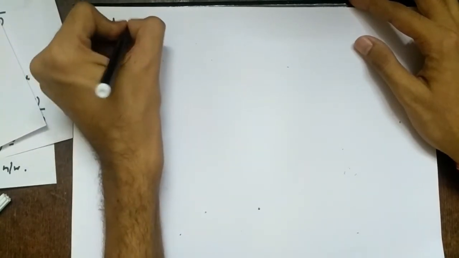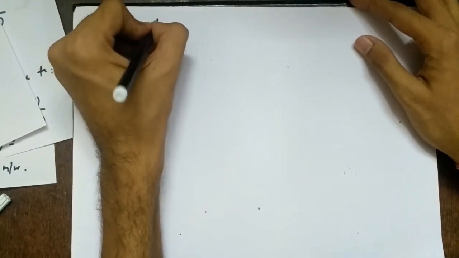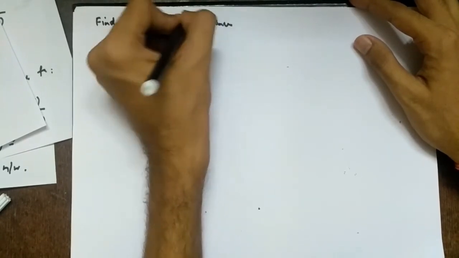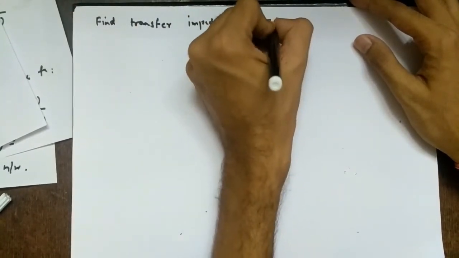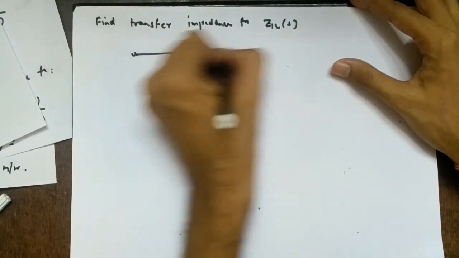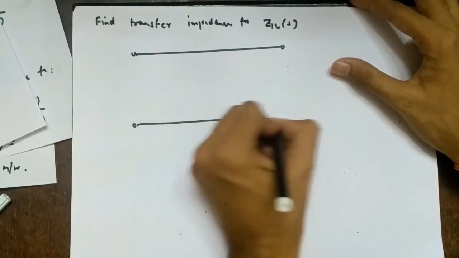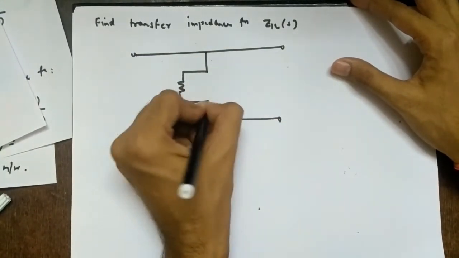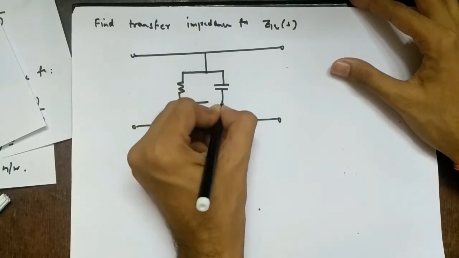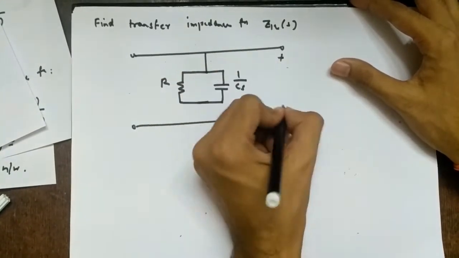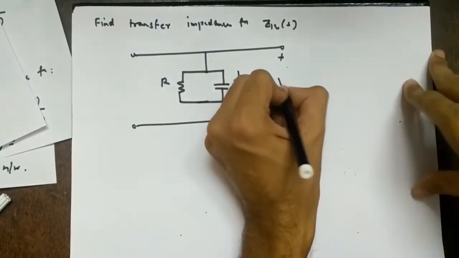So now it is asking transfer impedance. So find transfer impedance function Z12 of S. So this is R, this is 1 by CS. So since it is transfer impedance, obviously it should be what?